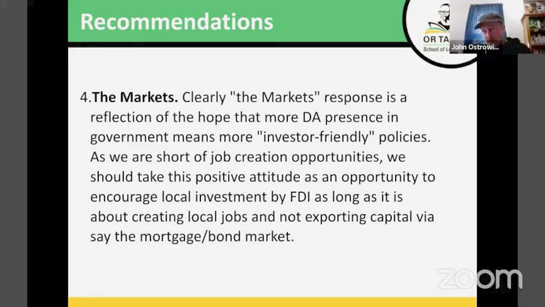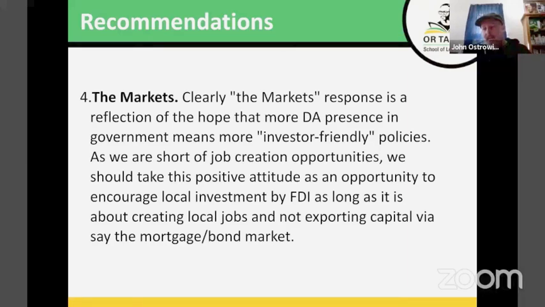And because we're short of job creation, I think we should be positive about this, in the sense that we should think of it as an opportunity to attract these investors while they're still expecting to see more white people, and say to them, please come and invest here, but bring job-creating investments. Don't just come here and buy bonds and stocks and mortgages. Rather, come here and put up factories and similar.